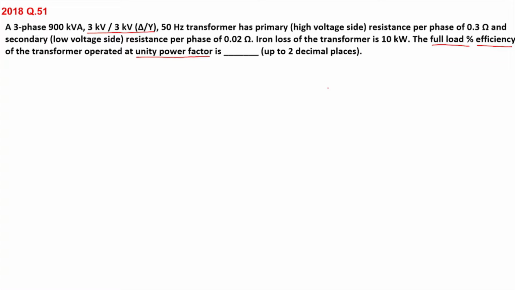So in three phase, first we will see the connection is delta and star. This is root 3, guys. Sorry for the mistake. This is root 3, and these are connected in delta and star fashion. So I will also draw one delta connected transformer. Pardon me for my bad drawing. And here one phase, two phase, three phase.